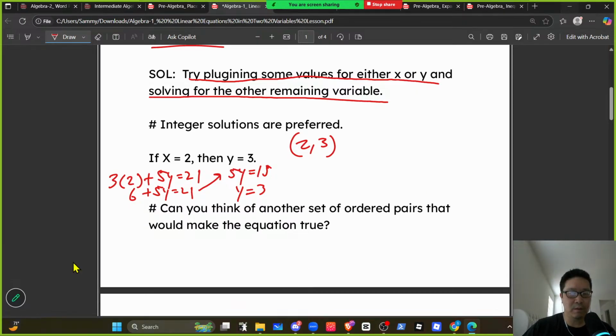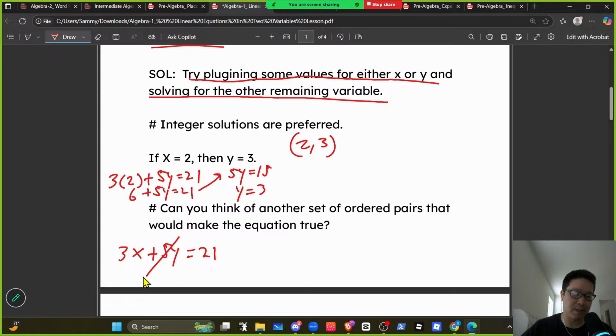So one easy way that you can use to create solutions is to simply plug in 0 for one of the variables. The equation we're dealing with is 3x plus 5y equals 21. If you were to plug in a 0 for y, well, that term would just go away, right?